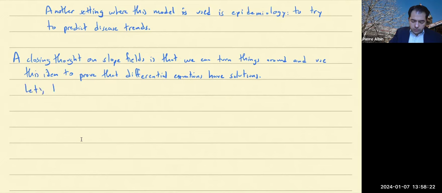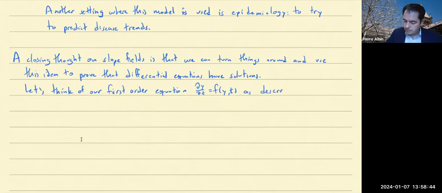So what we can do is let's think of our first order equation dy/dt equals f of y comma t, as describing a trajectory, and let's fix some small unit of time, right?